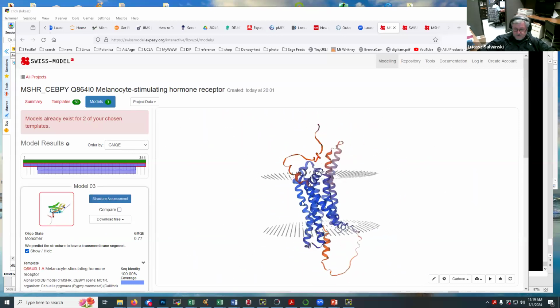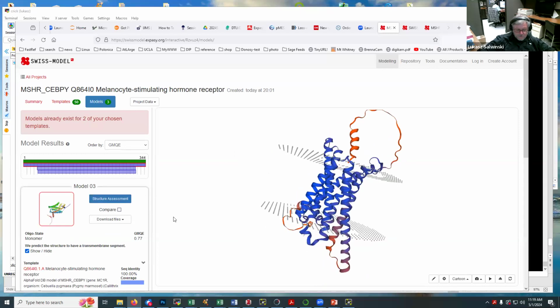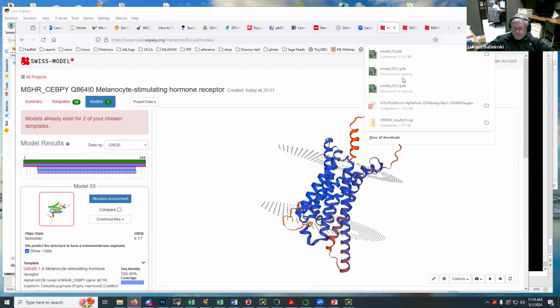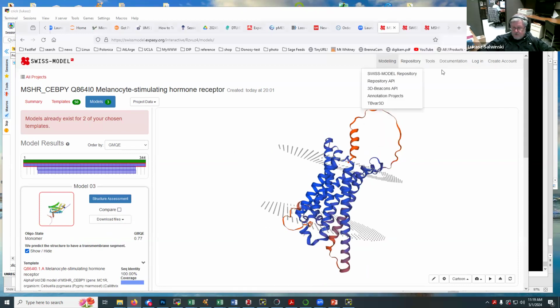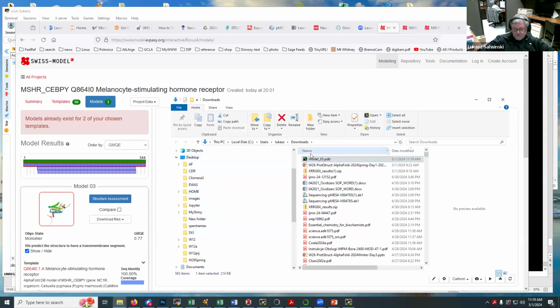So this is our third model. This is what's based on the AlphaFold, and we can do the same thing. We can download it in PDB format. We can download this model 3, and I'm going to put it in the same place, namely the W26 Spring directory here.